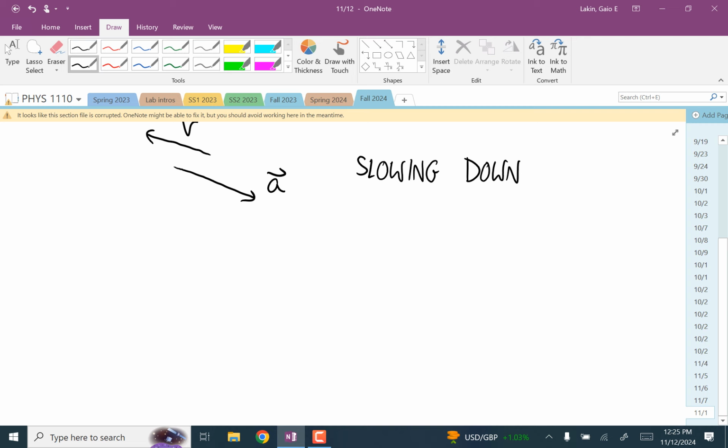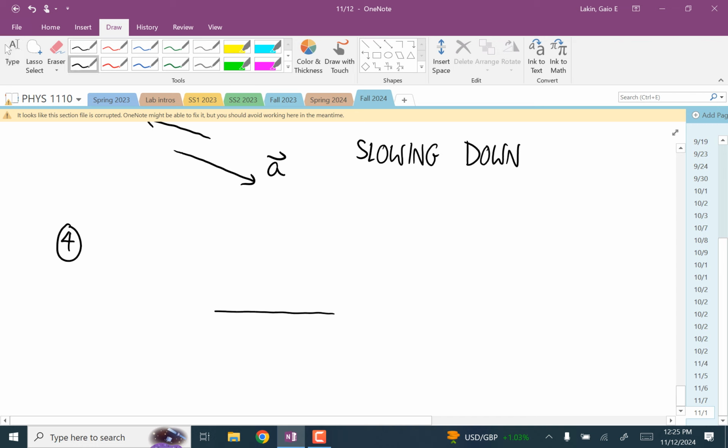And then the last question. We have two masses that are connected by a pulley.